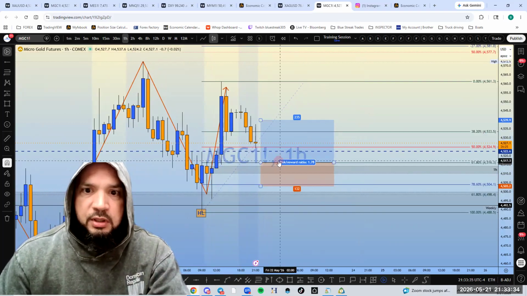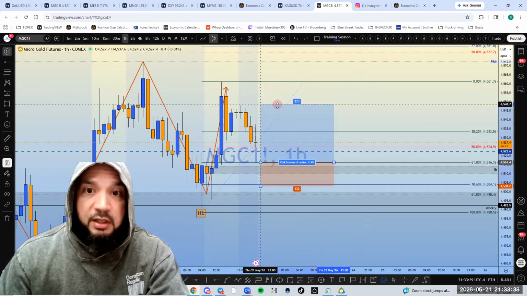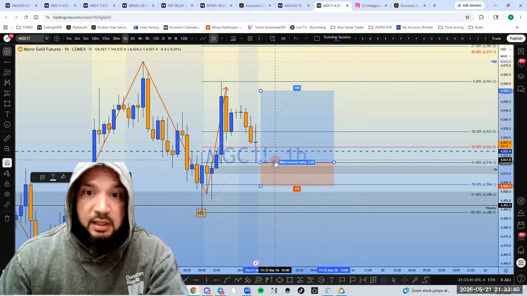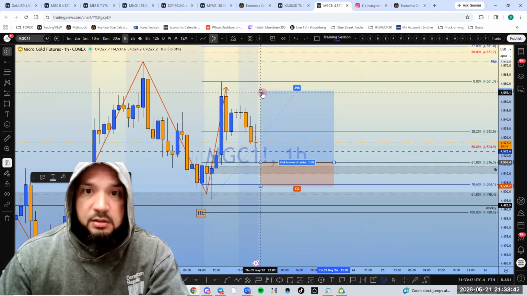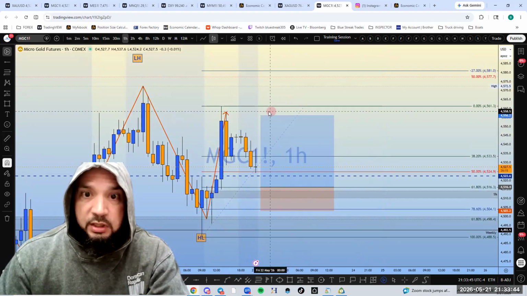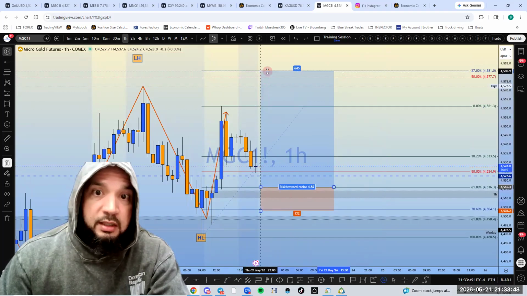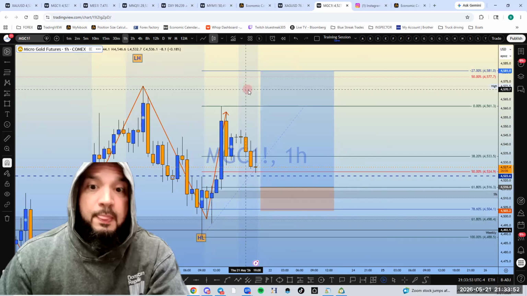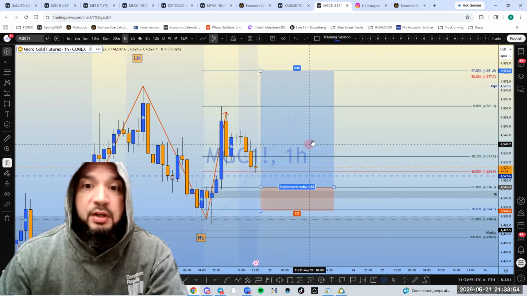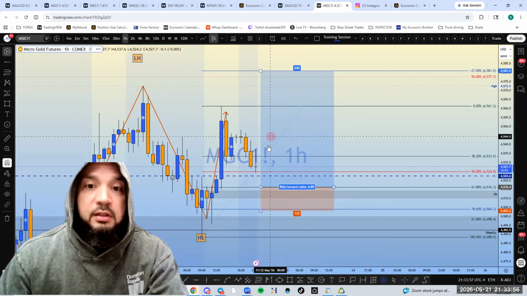We found our entry. We've identified our stop loss first. We don't move. We don't care about any of this until we fix the entry and the stop loss. We can use the Fibonacci extension tool to complete where we want the take profit to be. But always remember, you can take profit anywhere within the move while in profit.